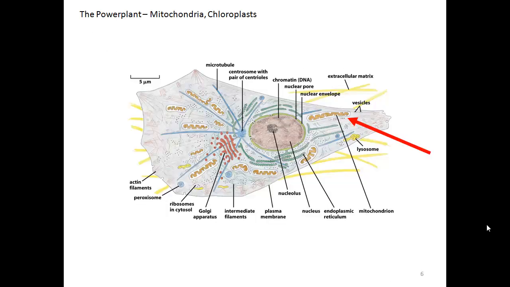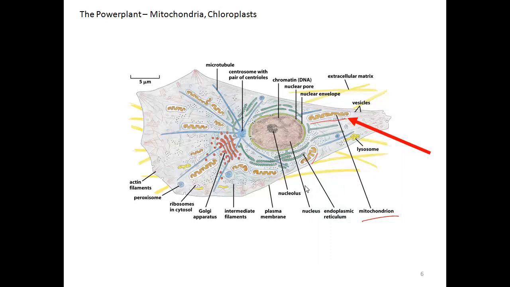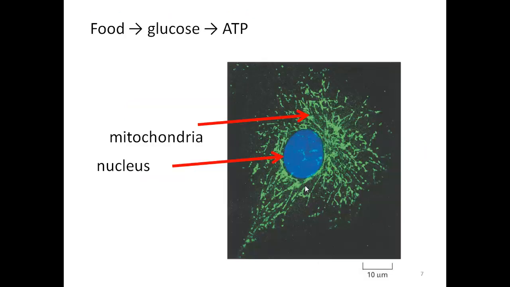The power plant of a cell is a mitochondrion, and there are many mitochondria per cell. I'll highlight in this one. You can see that there's compartmentalization within the mitochondrion. There's an outer membrane, which encloses a white space, and there's an inner mitochondrial membrane, which is enclosing sort of a gold or tan space. Just to highlight their numbers, here's a fluorescence micrograph of a cell.